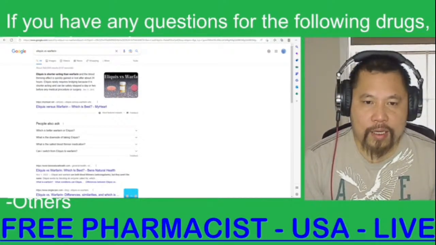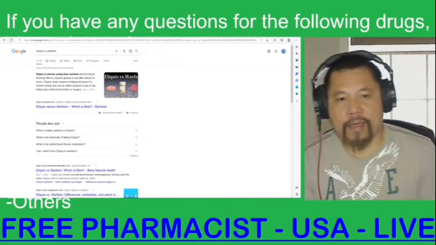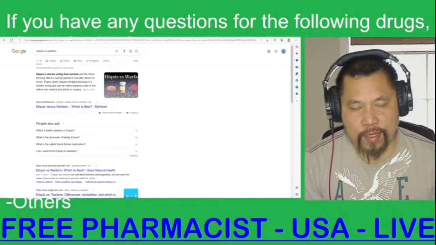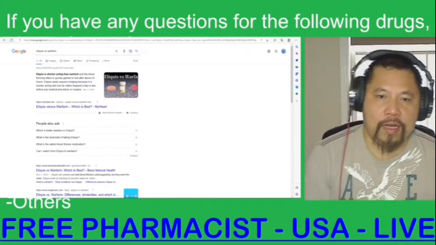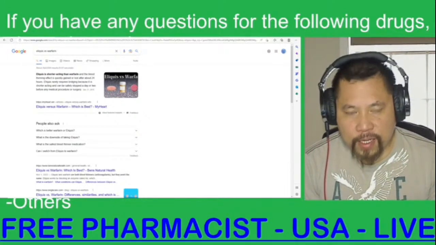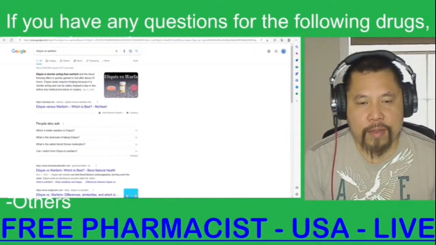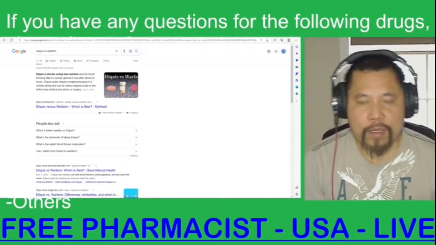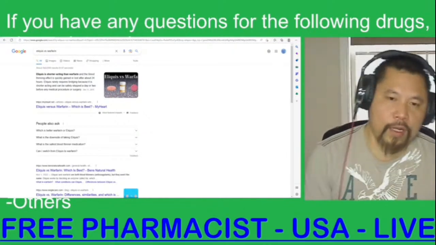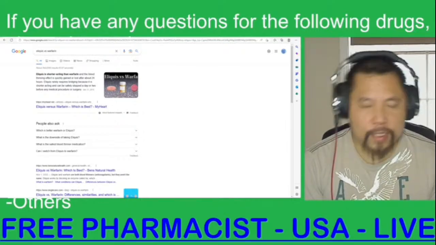It's been studied, and it shows that Eliquis is effective, just like warfarin. And for elderly people, they don't have to deal with the confusing dosage of warfarin. Eliquis is just a fixed dose twice a day.